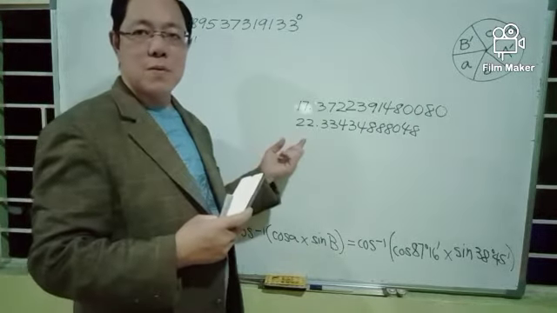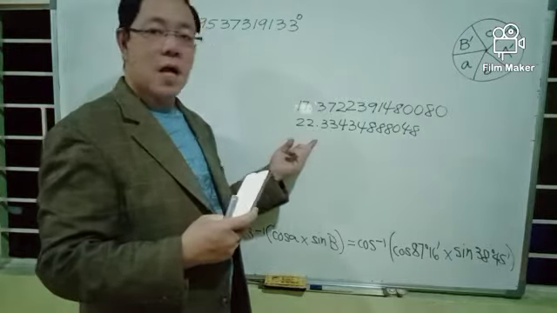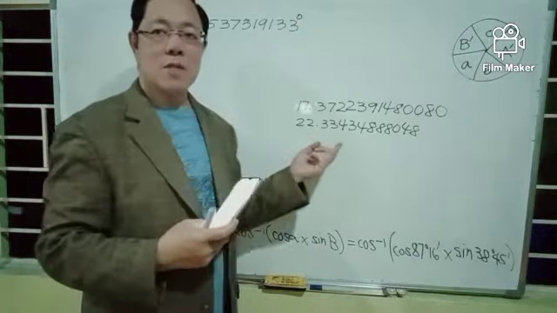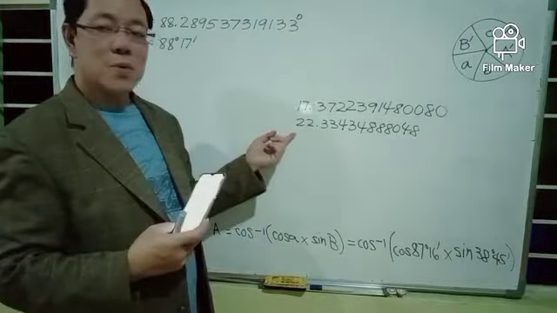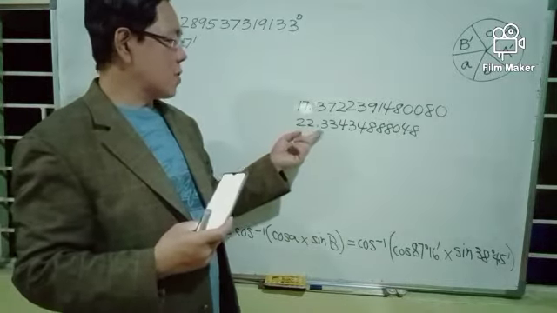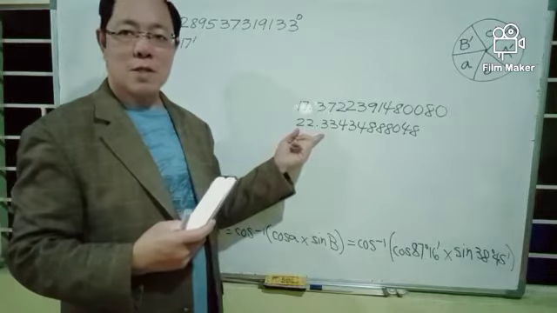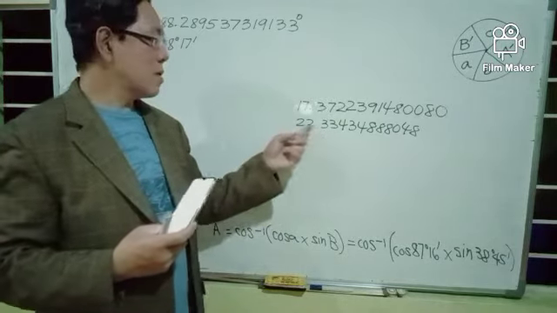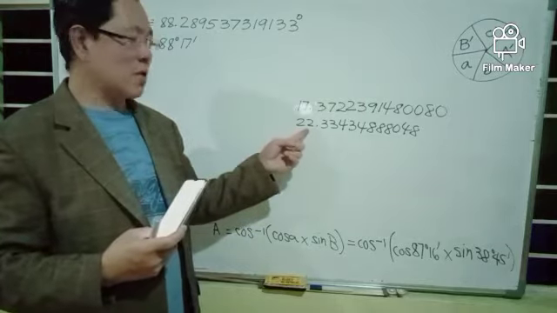Now we round this off to a whole number. This is now in seconds, and we round it to a whole number. After the decimal point, you look at this digit. If the number to be rounded is 5 or more, you add 1 to the preceding digit.